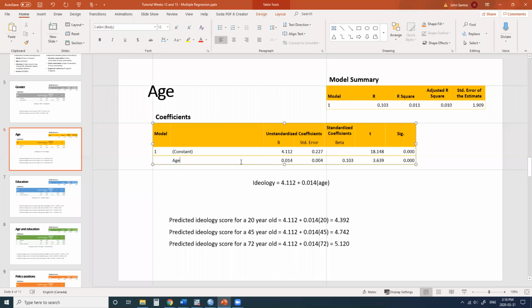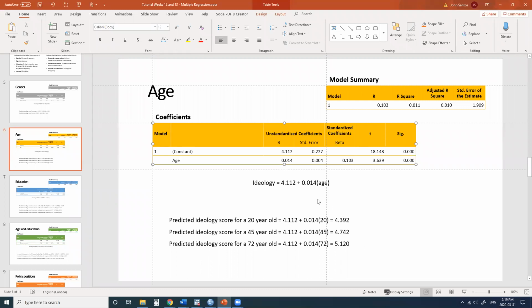And so for every year that somebody gets older, they move to the right, again, positive relationship, by 0.014 units on this hypothetical 0 to 10 ideological scale.